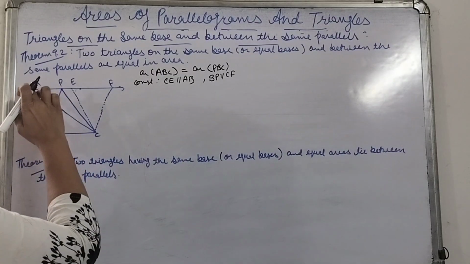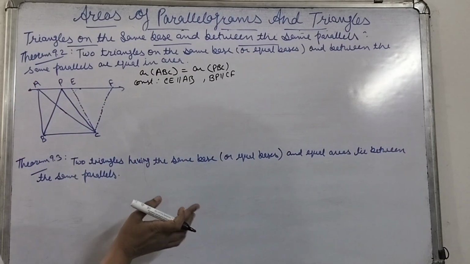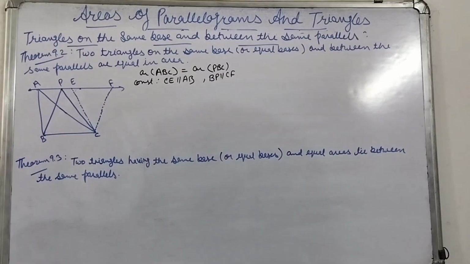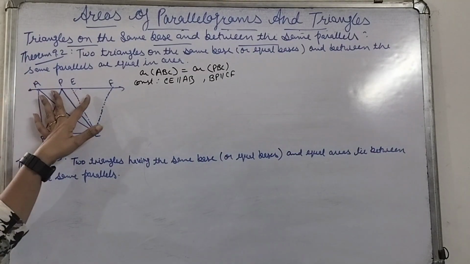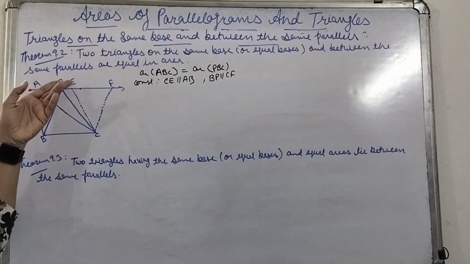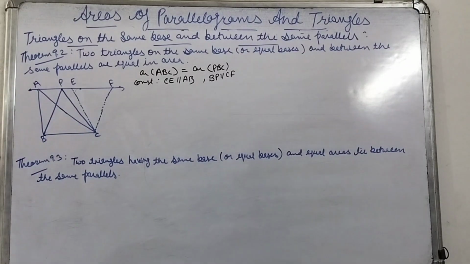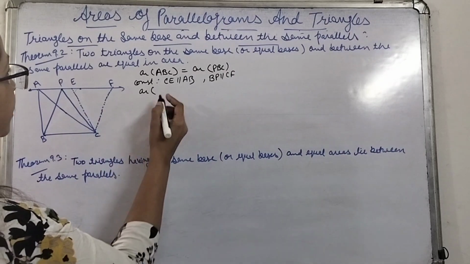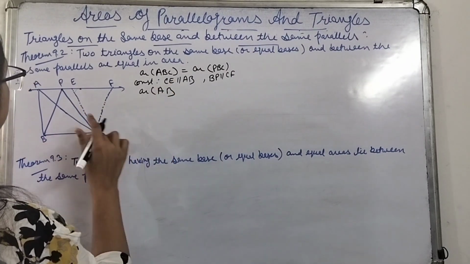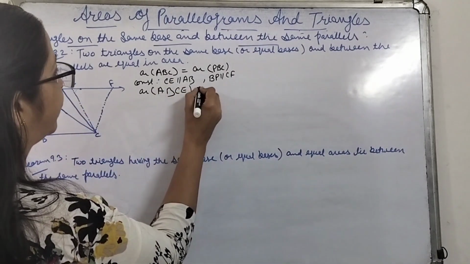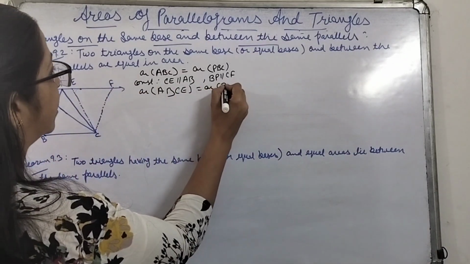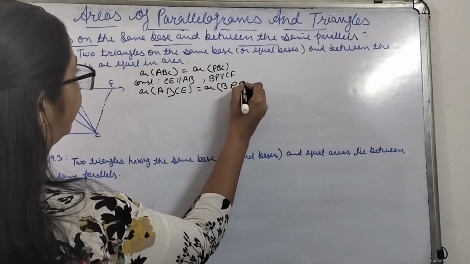So ABCE is one parallelogram and BPFC is another. And we have just now seen that if there are two parallelograms on the same base and between the same parallels, then their areas are equal. So the area of parallelogram ABCE will be equivalent to the area of parallelogram BPFC.